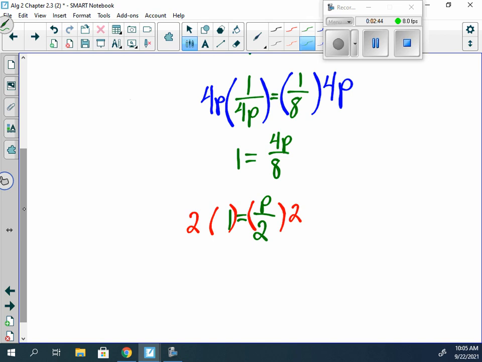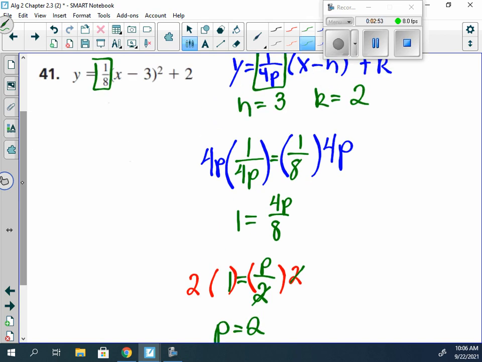It'll do the same thing. 2 equals P, or P is equal to 2. Questions on this here? Yeah, that 2 really does look like a capital cursive Q. Any questions on how we found H, K, or P?